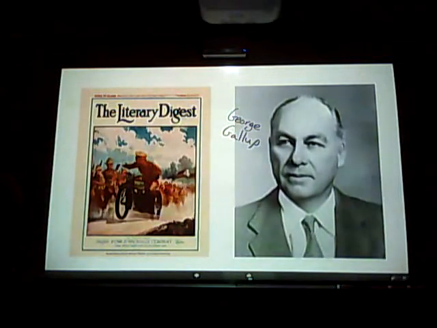Literary Digest had correctly predicted the last 5 presidential elections, using what was called a straw poll.